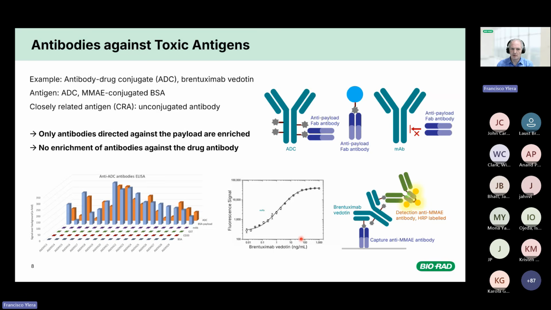And then we did a titration ELISA. We took one antibody against MMAE as a capture antibody, titrated the ADC, and detected with another anti-MMAE antibody conjugated to HRP. And you can see that we get a nice titration curve with a good sensitivity.